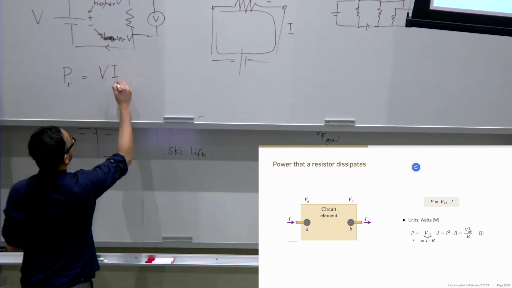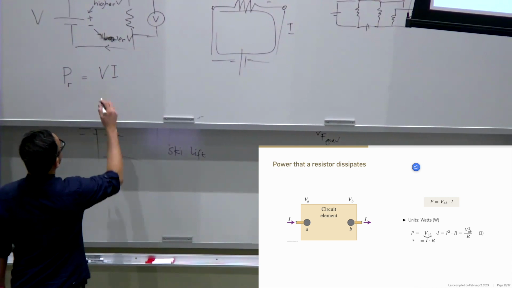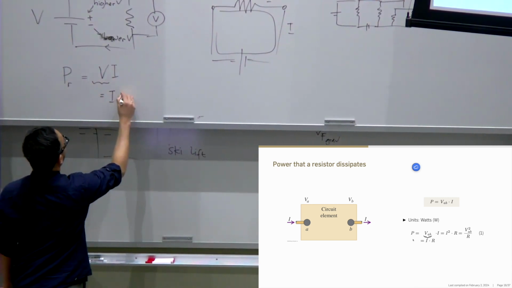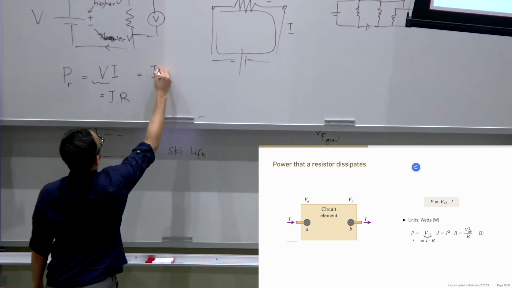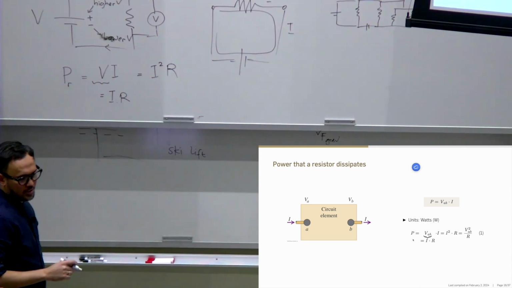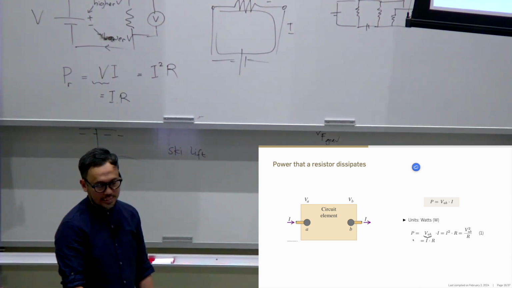V times I, and then V using Ohm's law is equal to I times R. So this one is equal to I squared times R, where I is the current and R is the resistance. Okay.